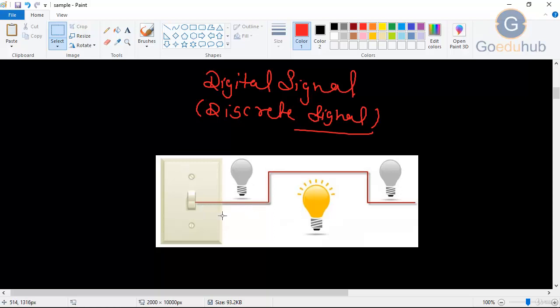When this switch is in on condition, your bulb will glow, and when this switch is in off condition, your bulb will not glow. So it has only two states, and that's why it is represented as a square waveform.